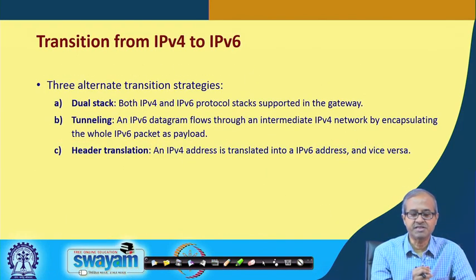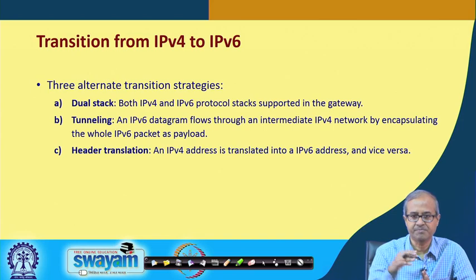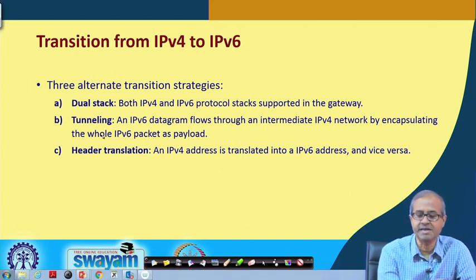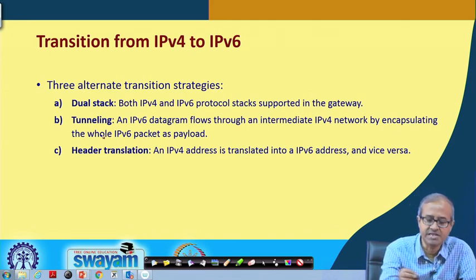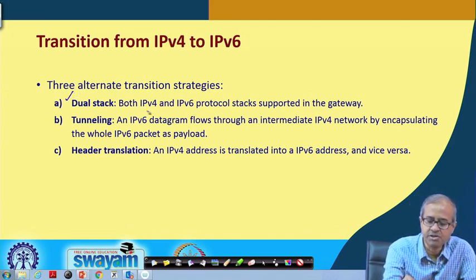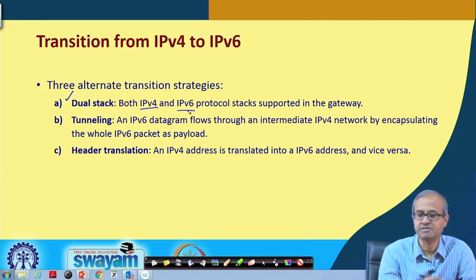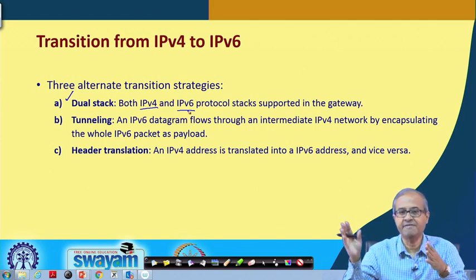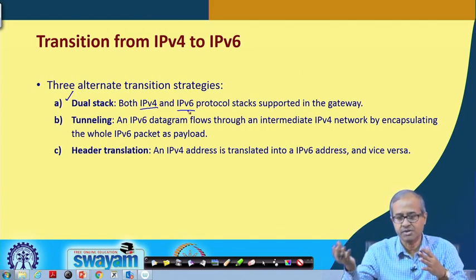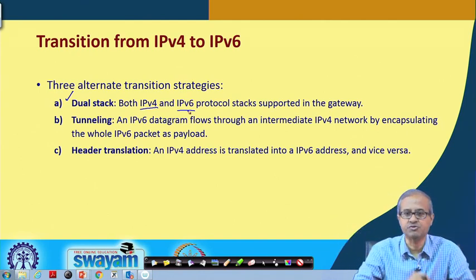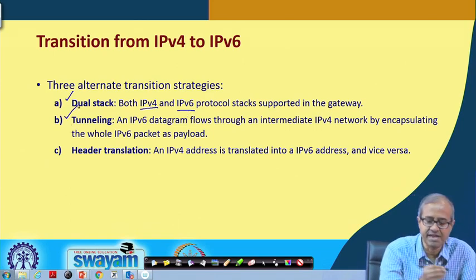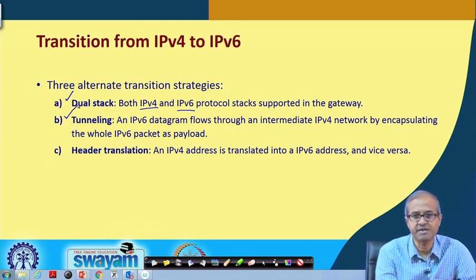So, talking about the transition from IPv4 to IPv6, due to the incompatibilities there are challenges, but there are broadly 3 approaches you can think of. One is you implement both IPv4 and IPv6 protocols in the router or the gateway, so that if someone wants to send IPv4 packets, they can be handled, and v6 packets can also be handled. You can use tunneling just like I mentioned.